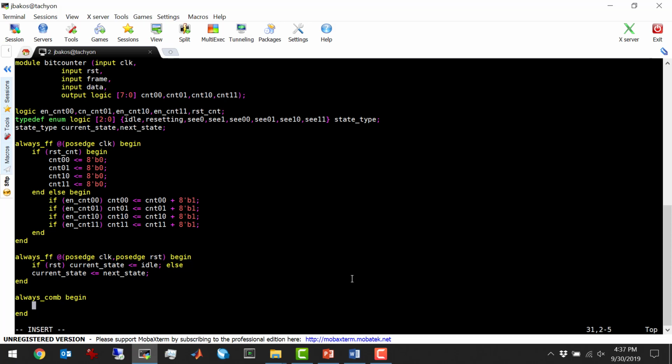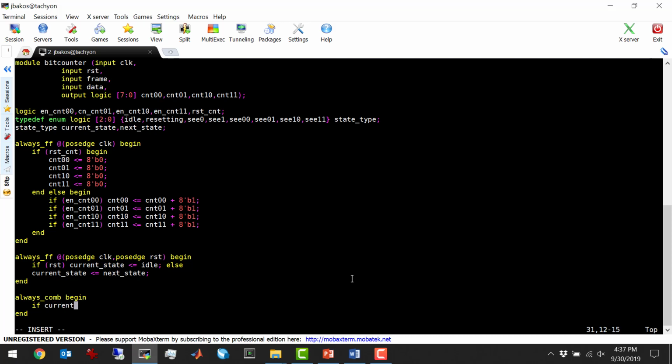I think I'm going to use an if-then-else because there's some redundancy in here. If I'm in either one of these states, C0 or C1, my next state logic is the same. They both have exactly the same transitions coming out of them, right? Likewise, all four of these guys have the same transitions coming out of them. So I'm going to compress things down a bit. I'm going to take a shortcut, because otherwise this would be pretty long.